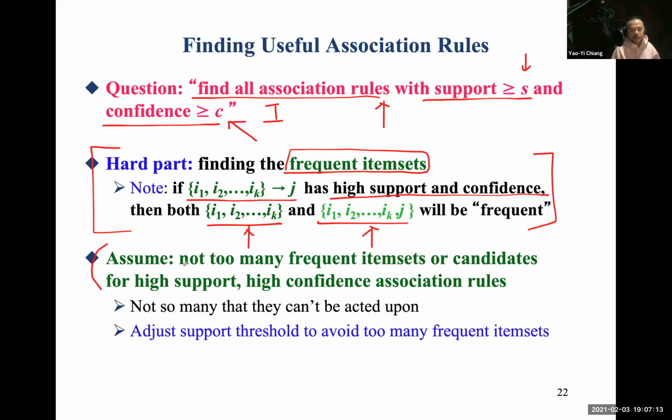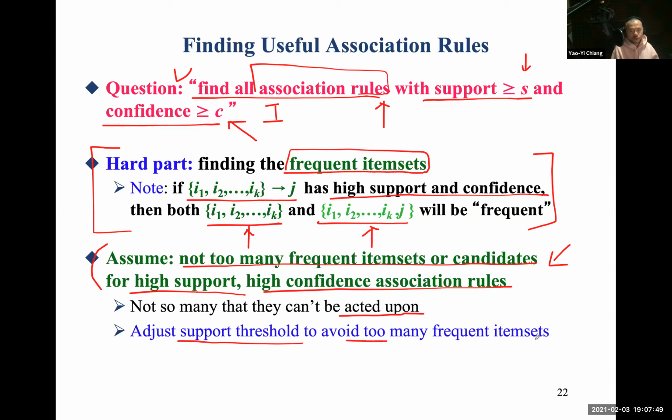We assume that there are not too many frequent item sets or candidates for high support, high confidence association rules, so that we will not have too many of this here. And if we don't have too many of them, we will be able to act on them, right? It will not be like your 250,000 pair of people example. And if eventually you found so many of these rules, you will need to adjust your support threshold to avoid too many frequent item sets.